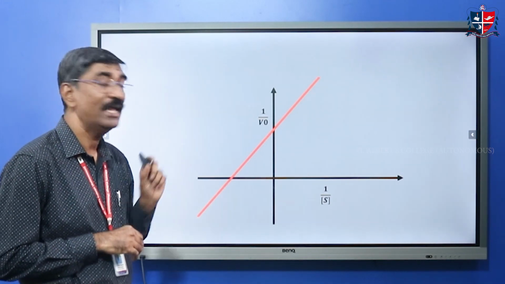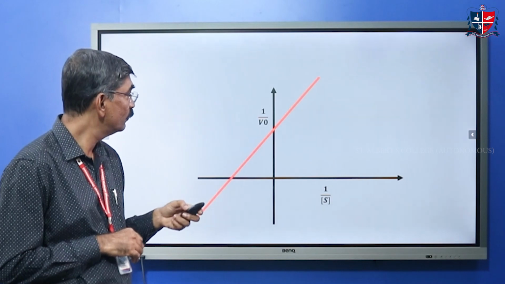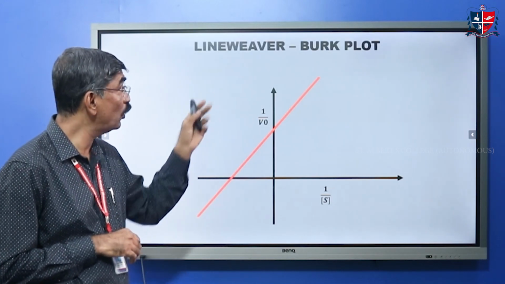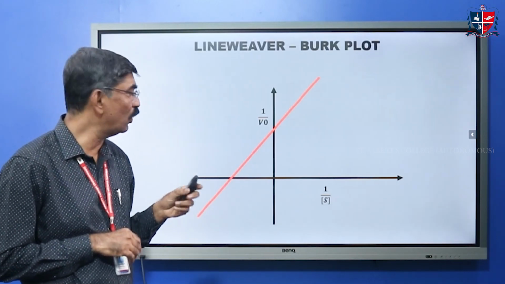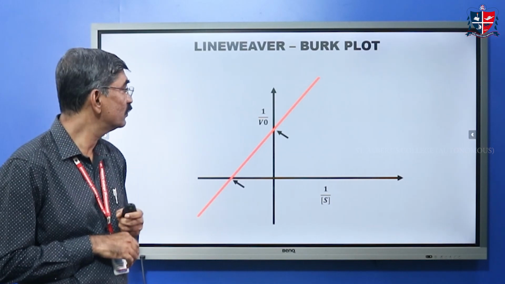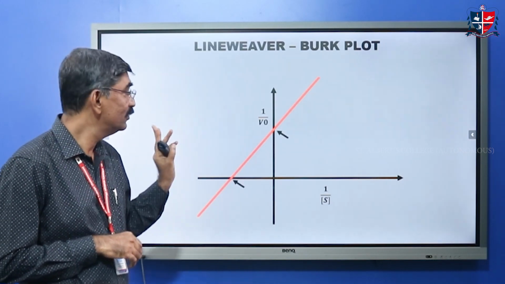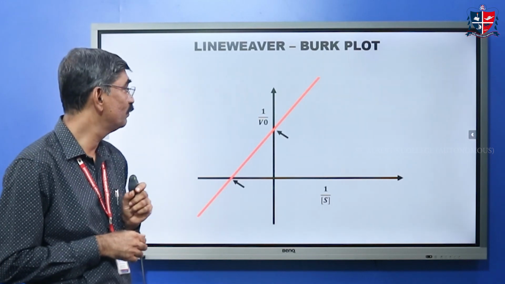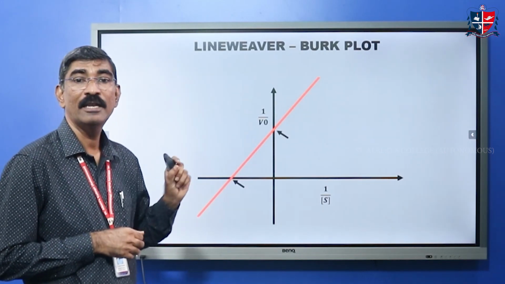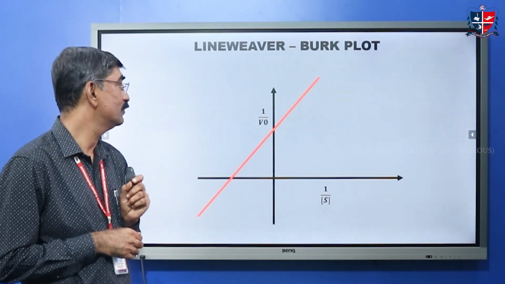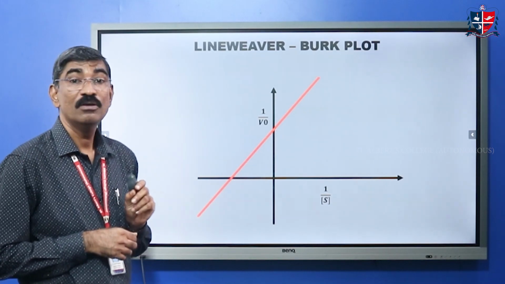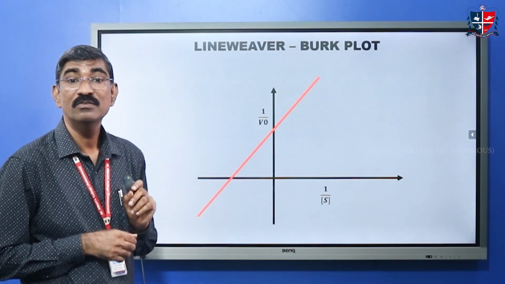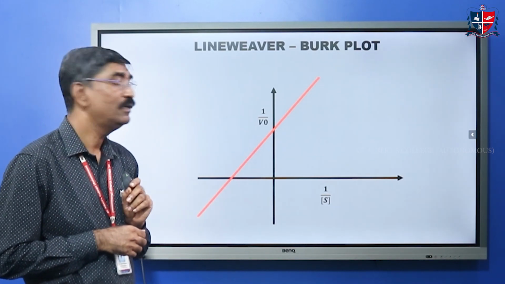This plot is known as the Lineweaver-Burk plot, and this line is intercepting at two points on the axes, the x-axis and the y-axis. Let us see what these points denote.